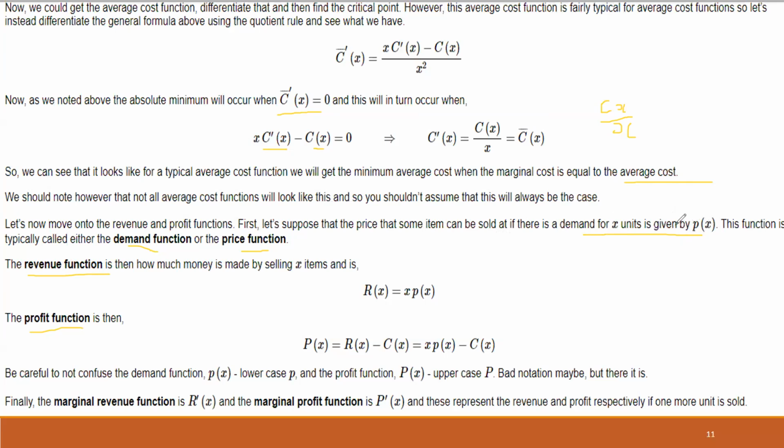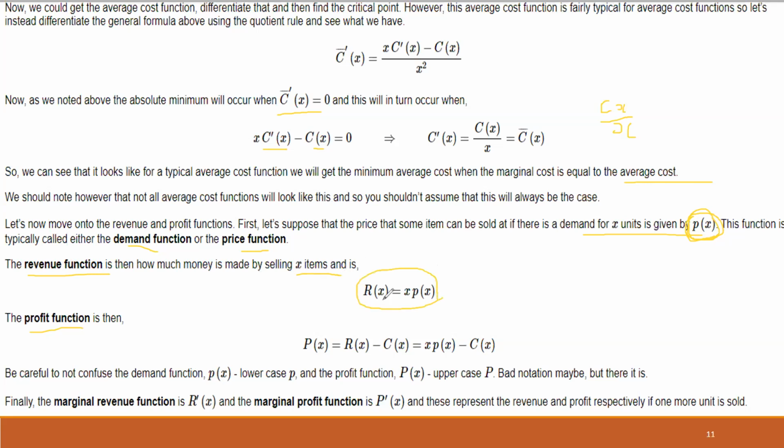It's typically called either the demand function or the price function. Notice this, right? There are some questions that will be coming. This function here, lowercase p(x), is called your demand function, or the price function. The revenue function is basically how much money is made by selling x items, and it is denoted as this.